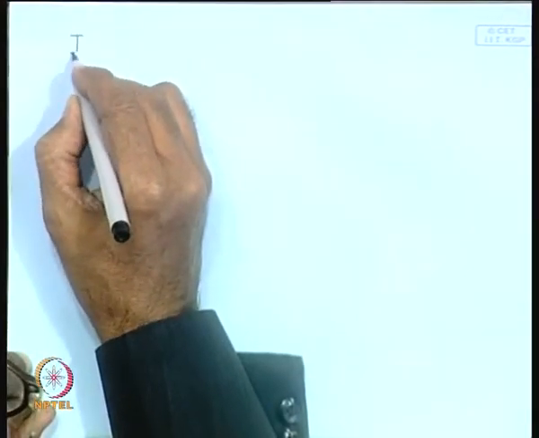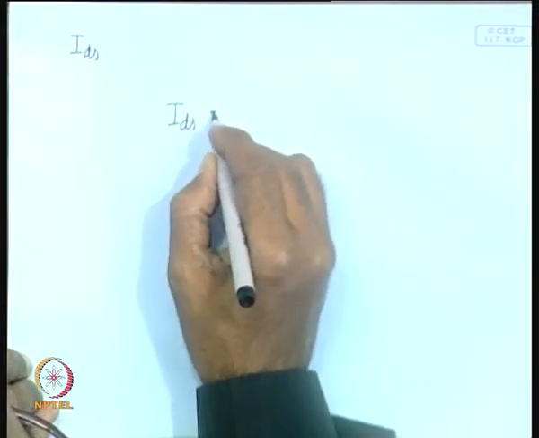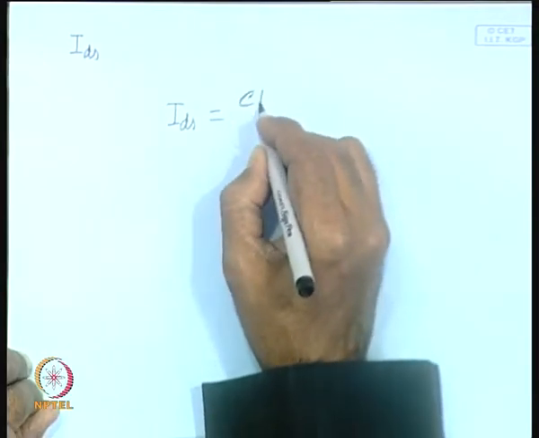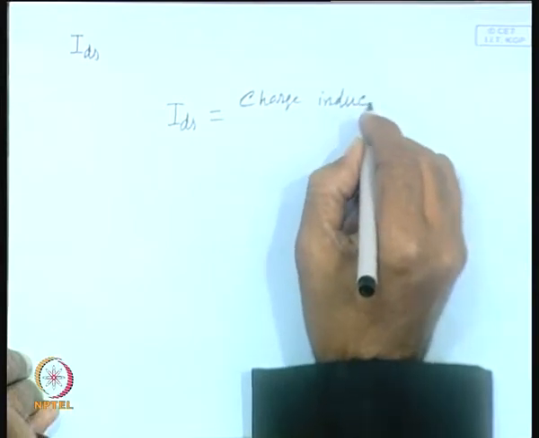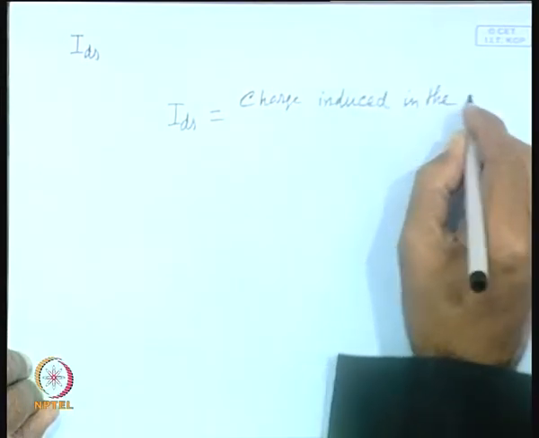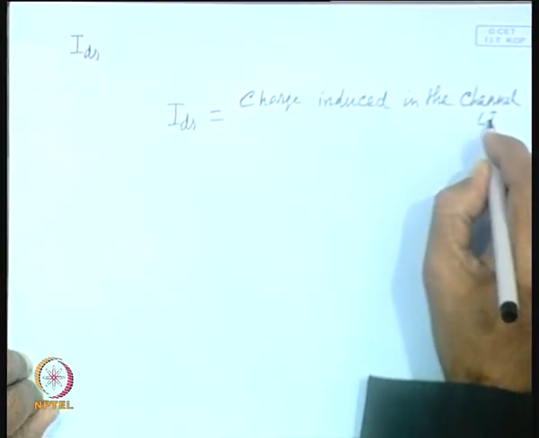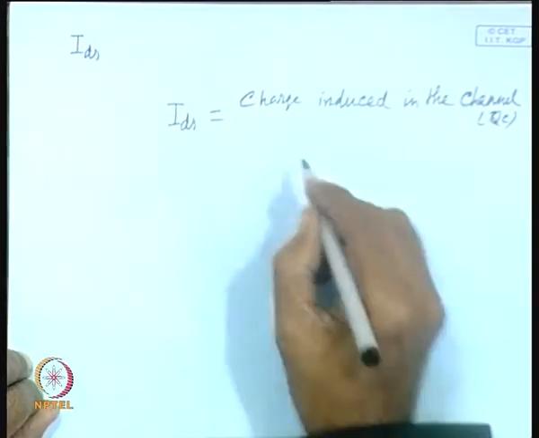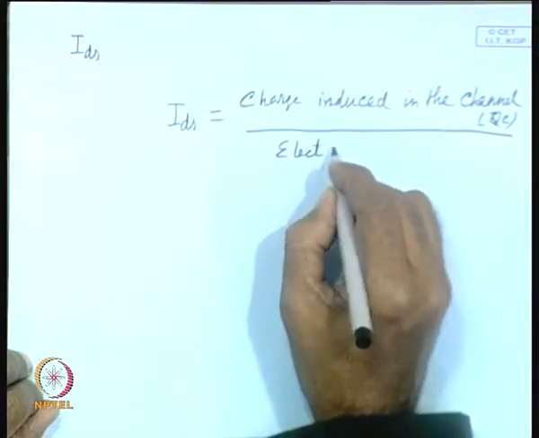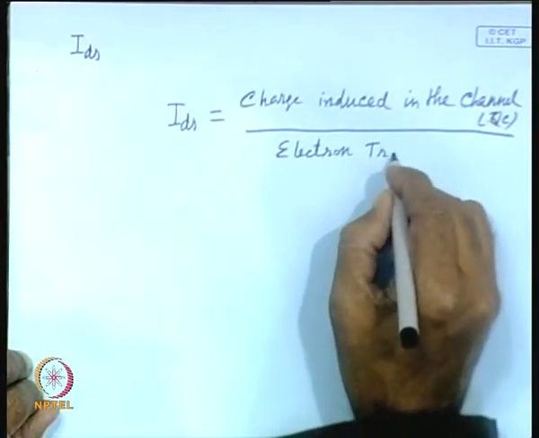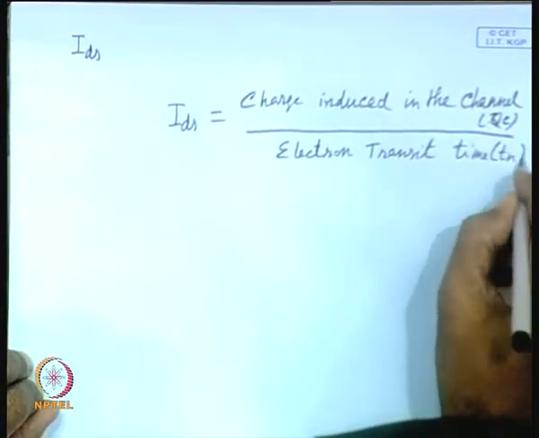IDS, drain to source current, can be represented as the charge induced in the channel, which we call QC, divided by the electron transit time, Tn.